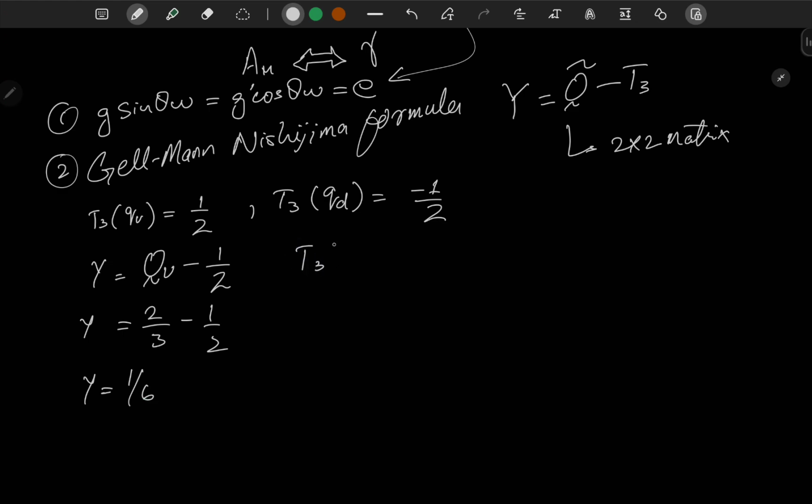Similarly for the down type we have charge minus 1/3 and weak isospin minus 1/2, so it becomes plus 1/2, so we get 1/6 here.